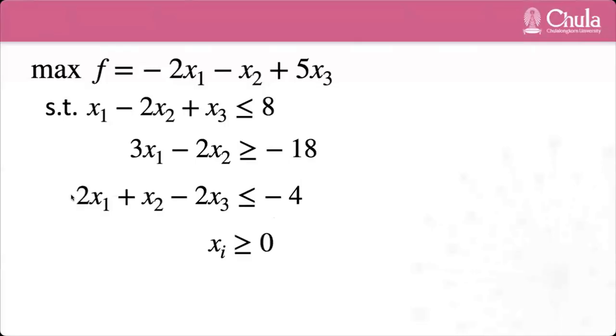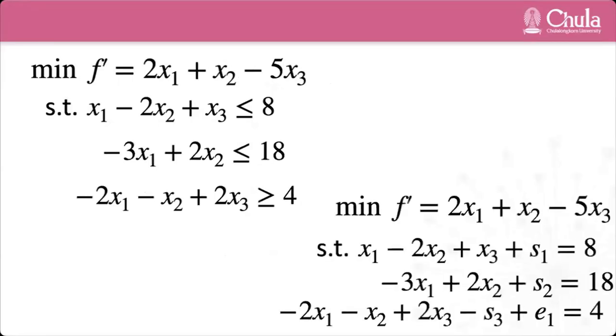And of course, you obtain -2x1 minus x2 plus 2x3, right? And the relationship here must be greater than or equal, right? And on the right-hand side, it is 4, okay? Then you need extra variables, and you have to subtract a slack variable, right?